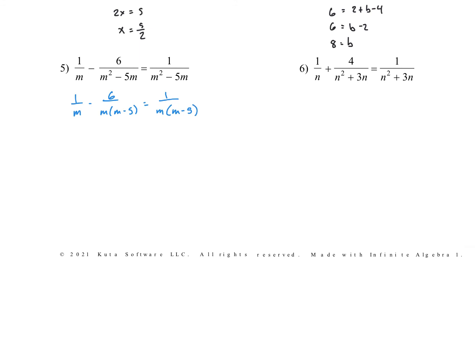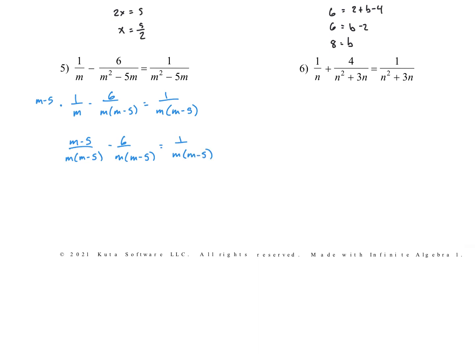Okay, and I do have a common denominator of sorts. I see a lot of m minus 5s. So I've got to multiply this first fraction by m minus 5. Please remember it goes to both the numerator and the denominator. And I now have common denominators across the whole board.